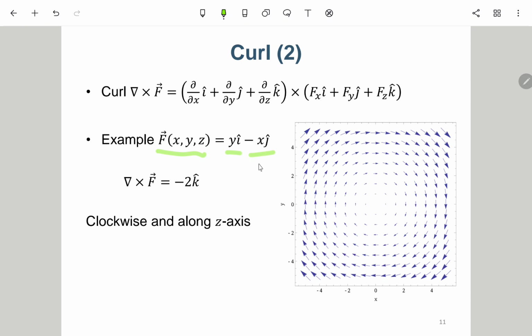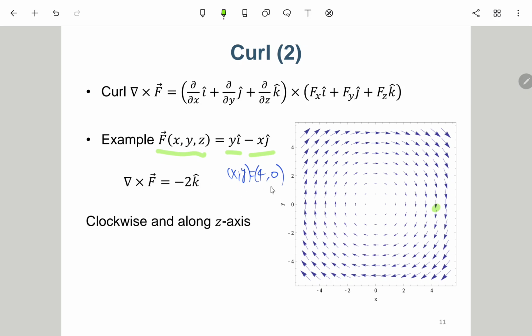For instance, okay, if we have let's say x equals 4, y equals 0, which is at this point. Okay, this is x equals 4, y equals 0. Okay, if x equals 4, this is negative 4, this is 0, so negative 4j. Okay, so you can see in negative y direction.